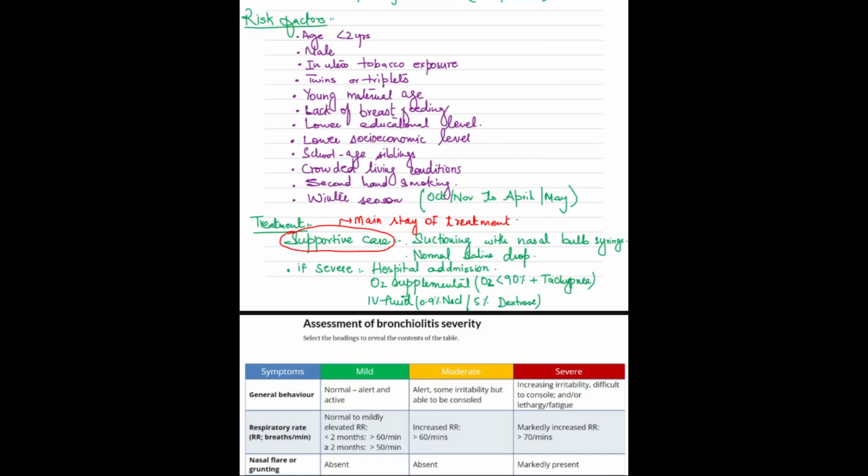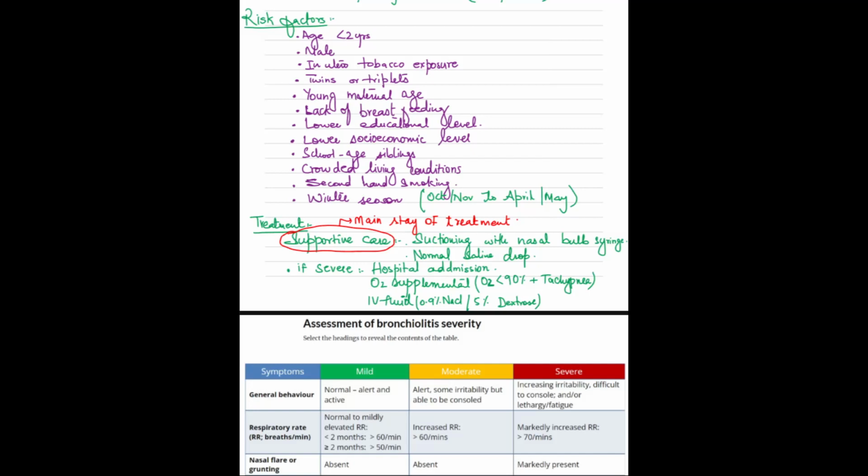Young maternal age, lack of breastfeeding, because breastfeeding is a protective factor for these types of infections. Lower educational level of parents, lower socioeconomic level, living in a crowded area. School age siblings: they go to school, come back with the infection, and that is caught by the little siblings who are less than 2 years old.